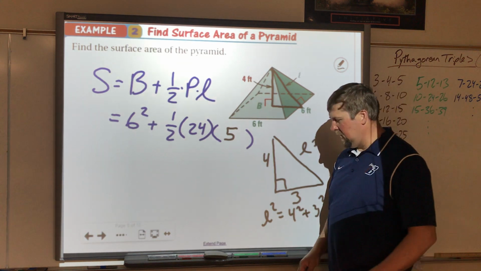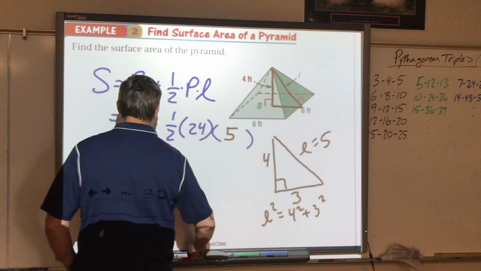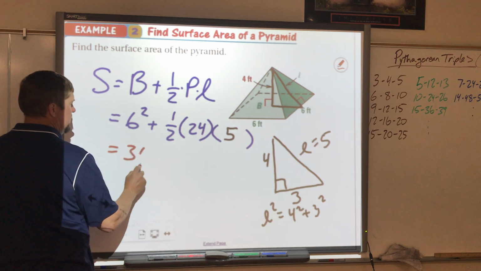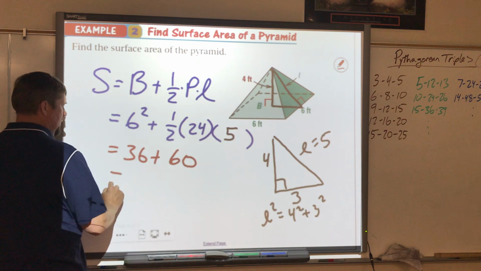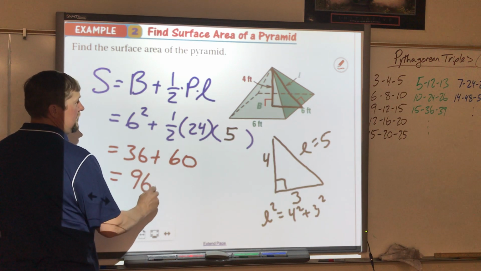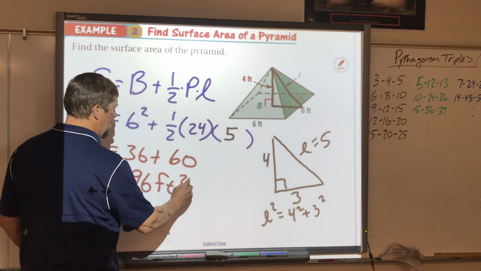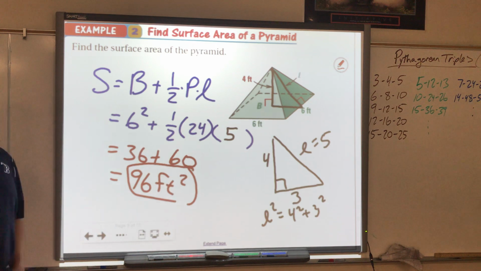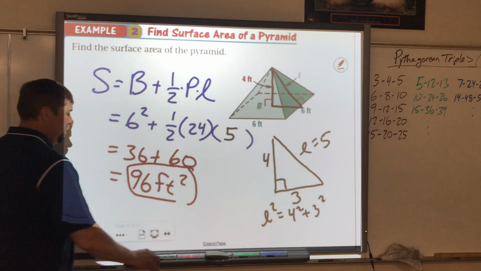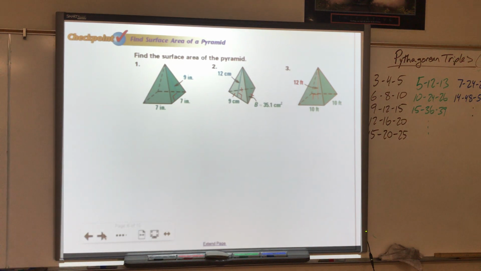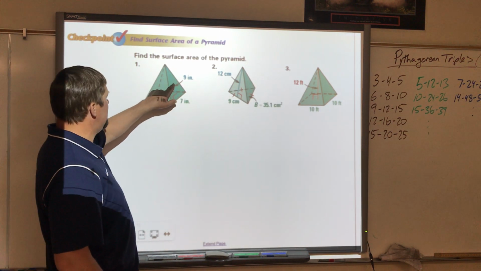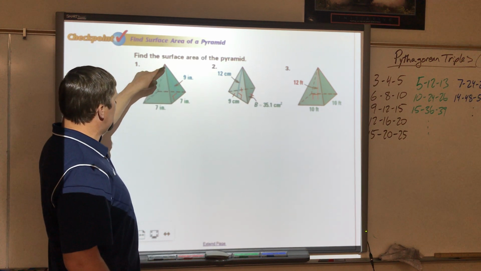So I have to plug that in. Now I can calculate my surface area. So my surface area is 36 plus 12 times 5, which is 60, which is 96, and then of course feet squared. There is my surface area of this pyramid. Okay, you try it. It looks like they give us the slant height, but not the height.